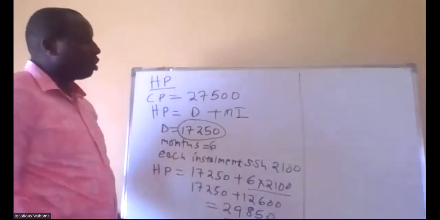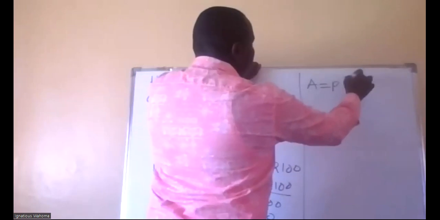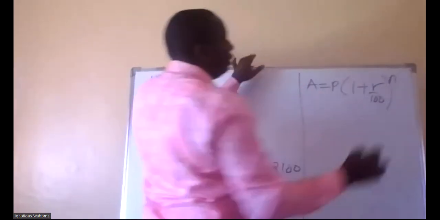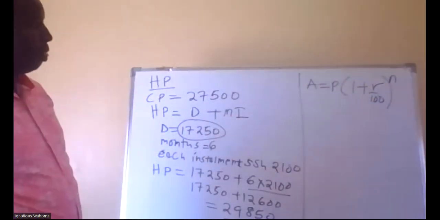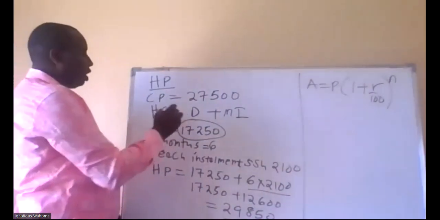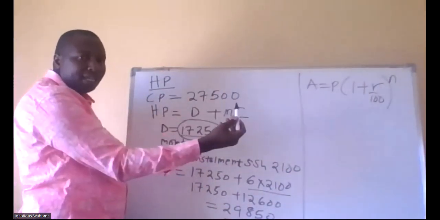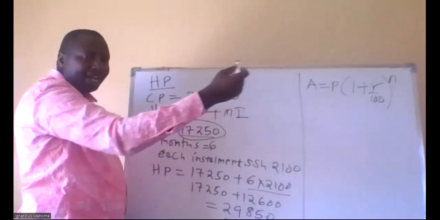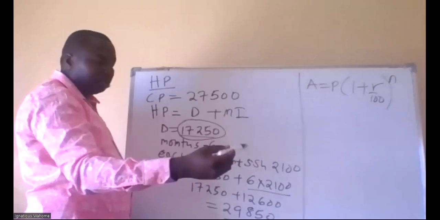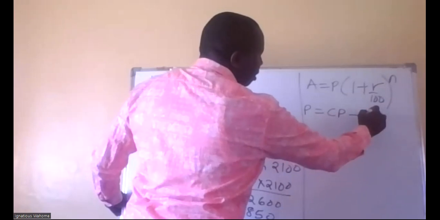This balance, because we are talking of compound interest, the formula is given by A is equal to P bracket 1 plus R all over 100 to the power of N. How do you calculate P? After paying a deposit of 17,250 from the cash price, what remains? The difference between the cash price and the deposit is the one that acts as the principal. So the principal in this case will be cash price minus the deposit.